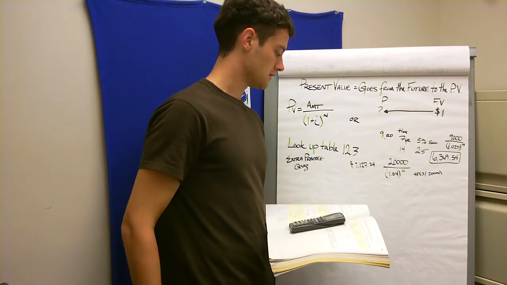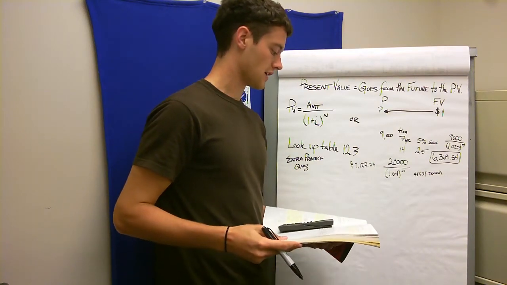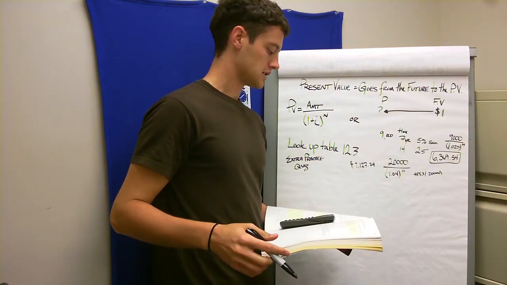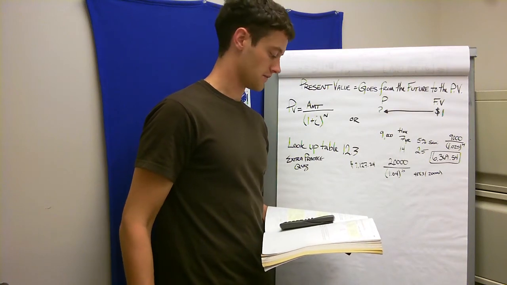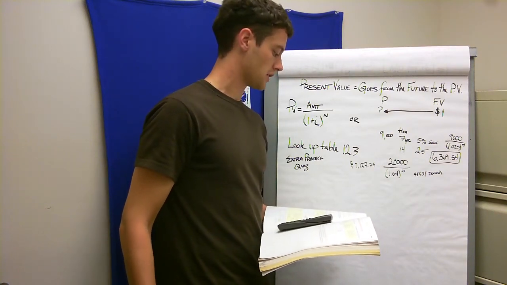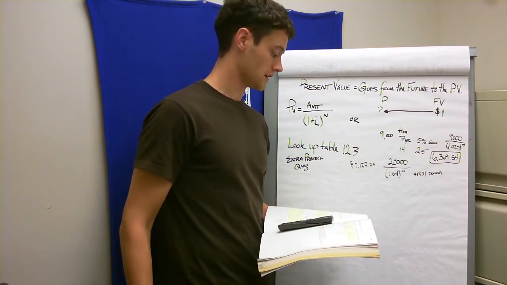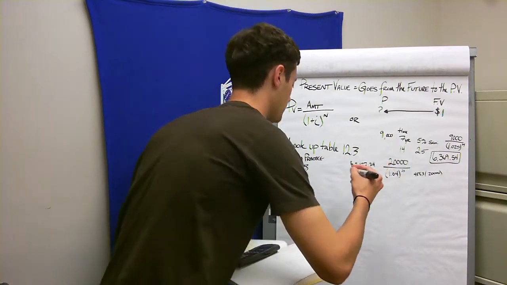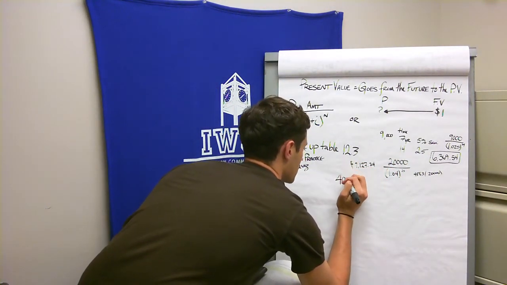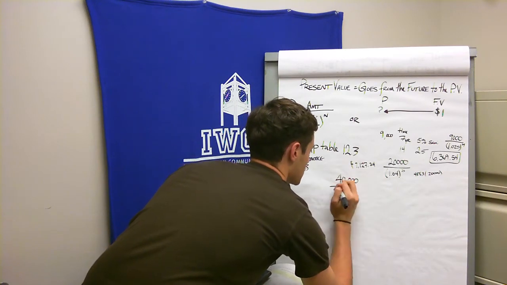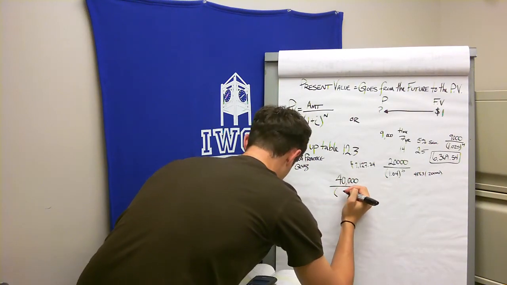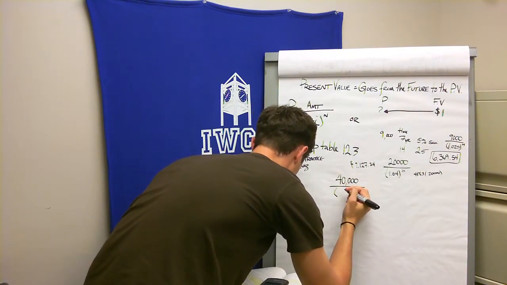Now, for example, Bill, number 3, needs $40,000 6 years from today to attend VPR Tech School. How much must Bill put in the bank if he gets 8% quarterly to reach his goal? So he needs $40,000, and he gets 8% in 6 years.